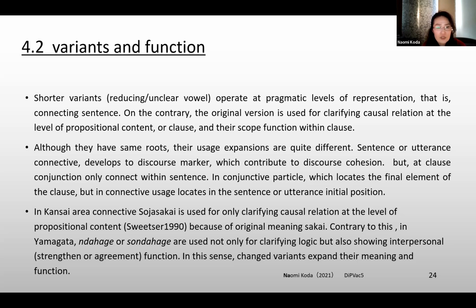In the Kansai area, the connective soya sakai is used only for clarifying causal relation at the level of propositional content because of the original meaning of sakai. Contrary to this, in Yamagata, dahage or sondahage are used not only for clarifying logic, but also for showing interpersonal strengthening or agreement function. In this sense, changed variants expand their meaning and function.